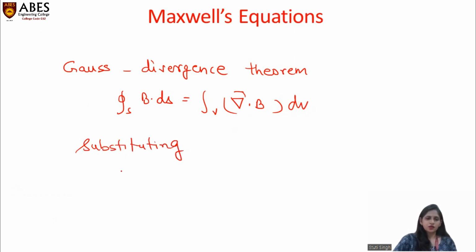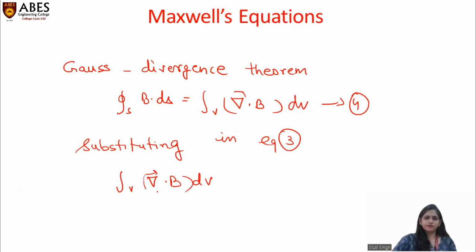This is equation number 4. Substituting in equation 3, we get volume integral del dot B dV is equal to 0. From here, clearly we can see that divergence B is equal to 0.